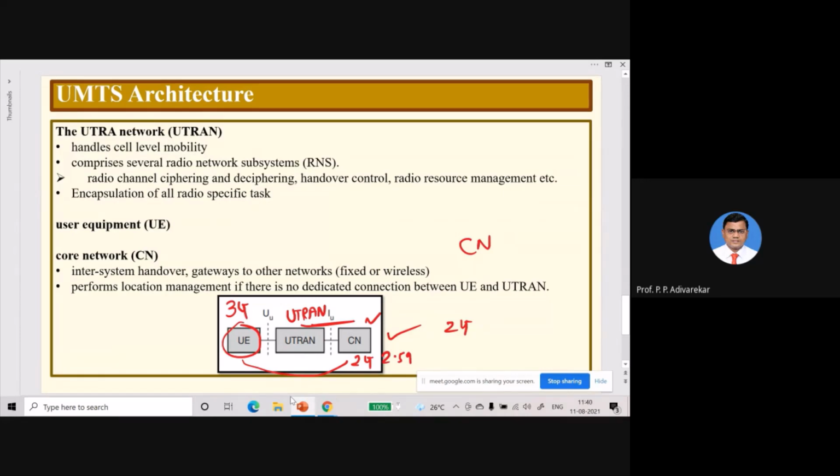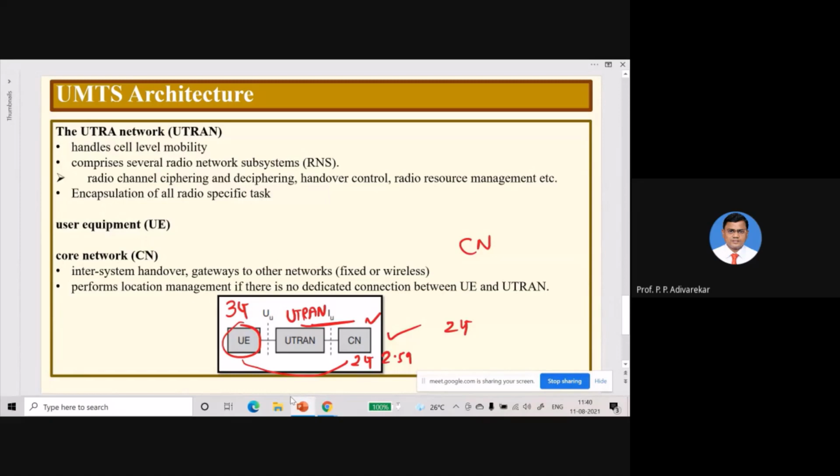And UTRAN is basically responsible for improving the data rate up to the standard specified by the third generation. The detailed functions of UTRAN and the core network we will see in the next lecture, that is tomorrow. So that's all for today.